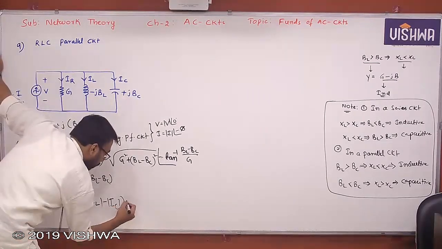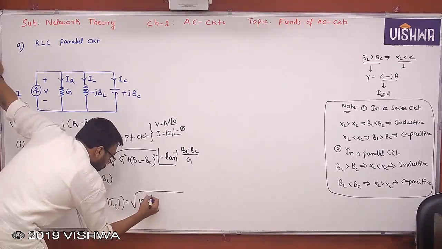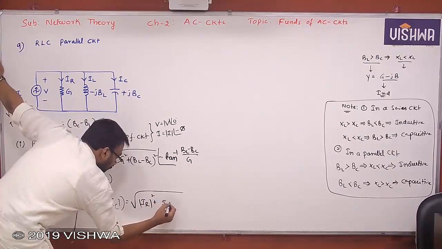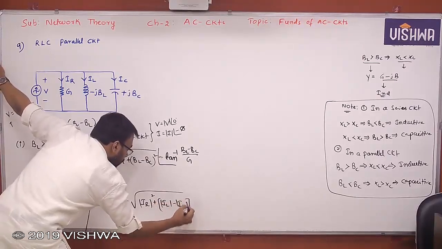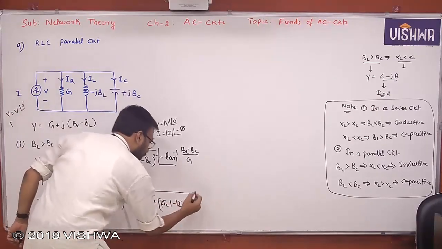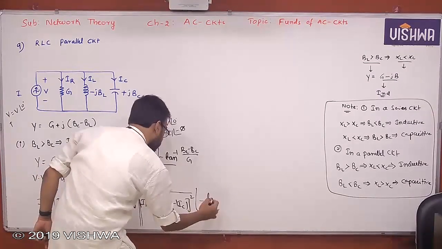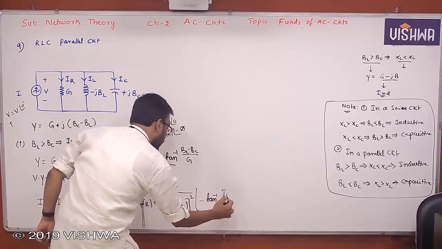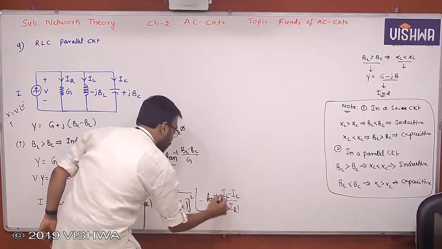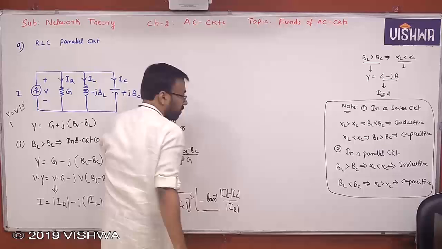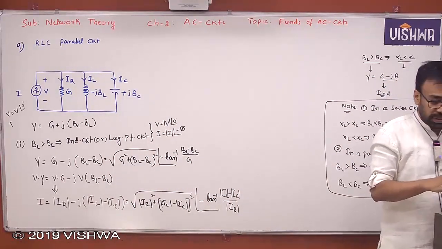So therefore, I get now root of IR square plus (IL minus IC) whole square, at an angle of minus tan inverse (IL minus IC) by IR. Yes or no? Okay, so like this we'll get.